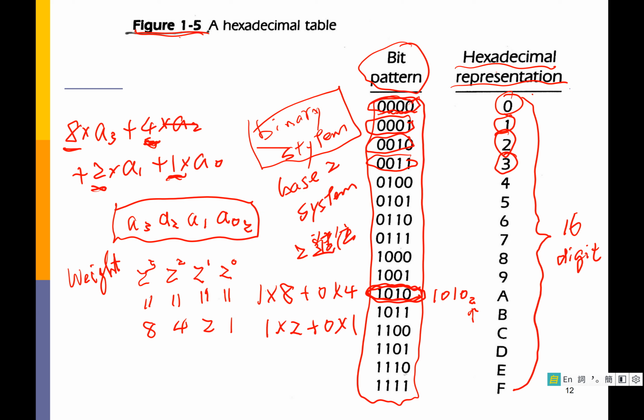Now, we do this kind of calculation. We get 10, or in English, we call it 10. 10 is base 10 system, or so-called decimal system.